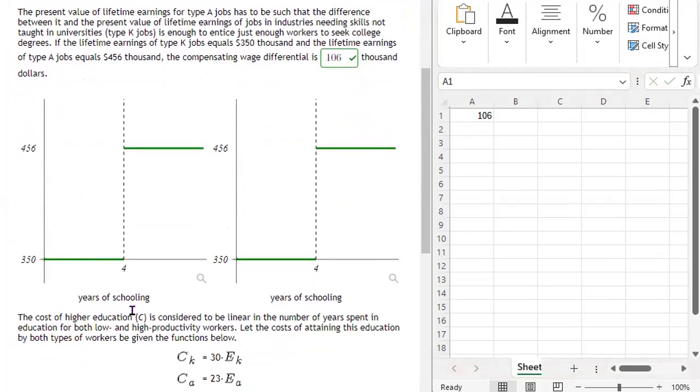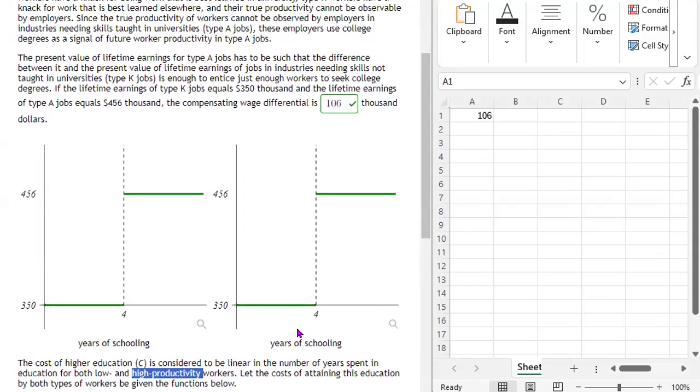Now, the cost of higher education, C, is considered to be linear in the number of years spent in education for both low and high productivity workers. The high productivity workers are the workers that have a college degree as a signal that they are a high productivity worker, right?